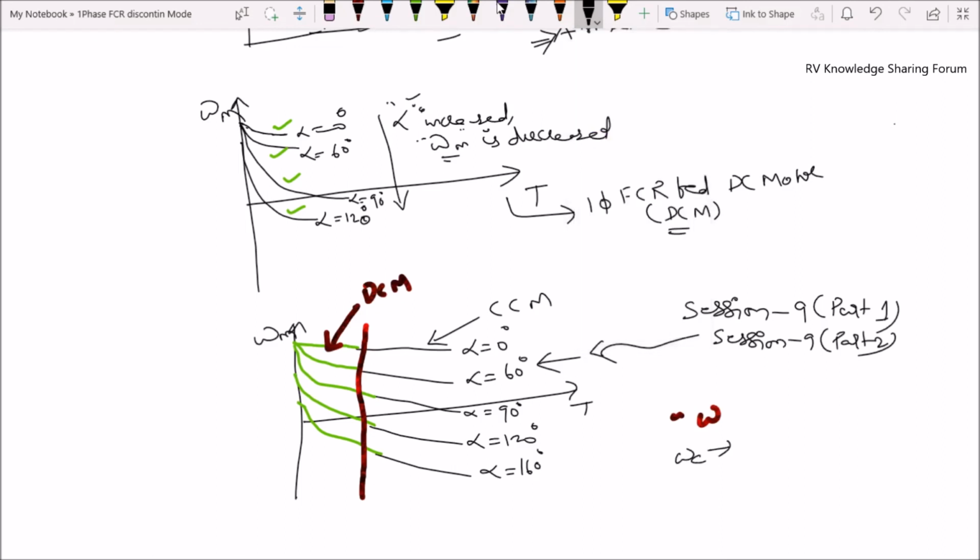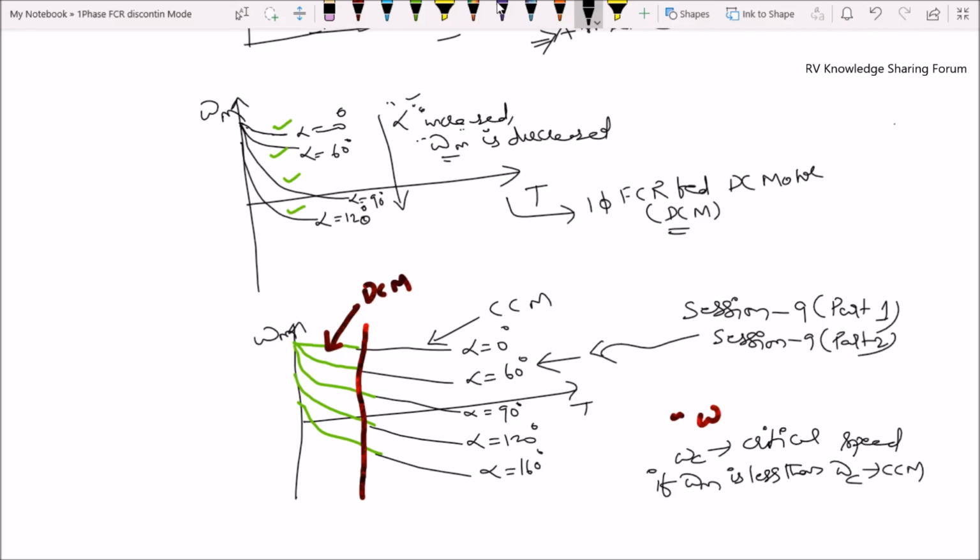If you observe this graph, if the speed omega m is less than the critical speed, then it is continuous conduction mode.